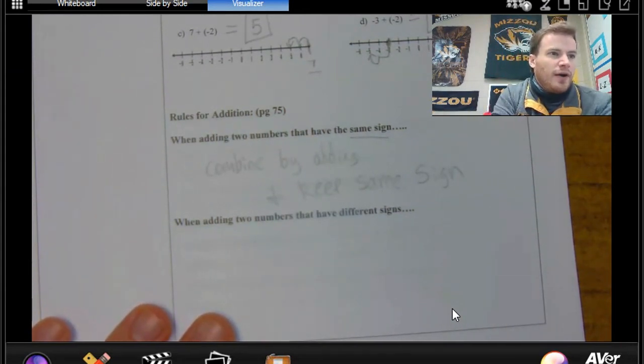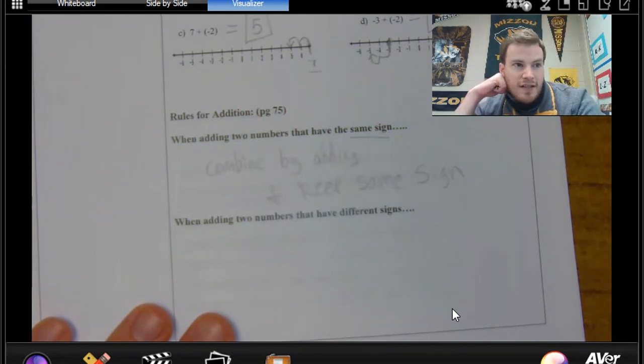Now when you are adding two numbers that have different signs, you combine by subtracting and you keep the sign of the bigger number. Which one has a greater absolute value?